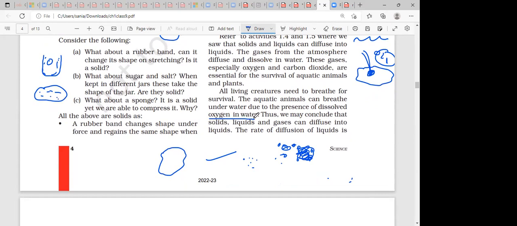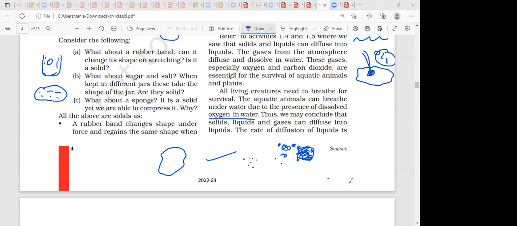So you will write a hashtag, in black color or any other color: How aquatic animals breathe underwater. The question is how aquatic animals breathe underwater.